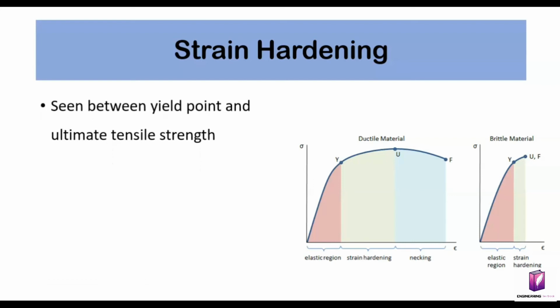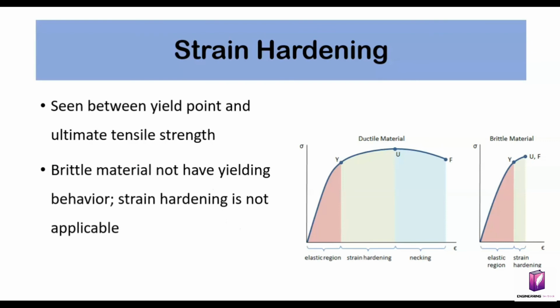Strain hardening is seen between yield point and ultimate tensile strength. Brittle material may not have yielding behavior, that means strain hardening is not applicable. In strain hardening, molecules obstruct each other and are rearranged. This rearrangement helps the metal to increase its strength.